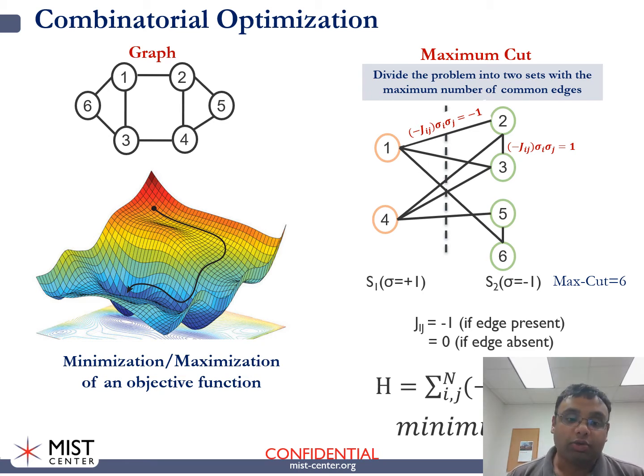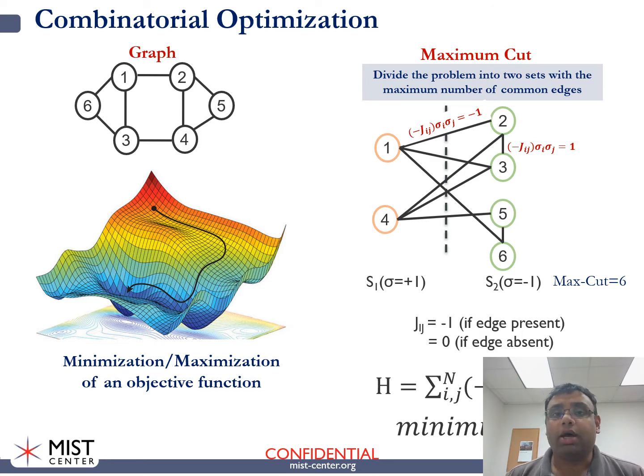In other words, when we solve a combinatorial optimization problem, we are essentially maximizing or minimizing a function, and of course, this function is in the discrete or the combinatorial domain. Now, to explain this idea, we will again go back to the maximum cut problem. As I mentioned before, the idea is to divide the nodes of the graph into two sets such that the number of common edges, or the ones that cross that partition, is as large as possible.